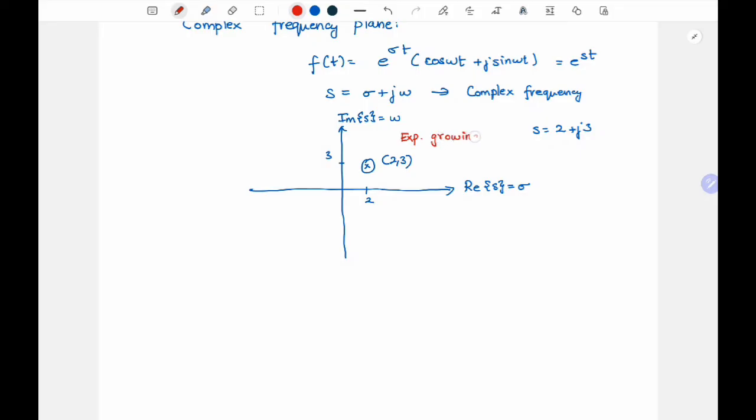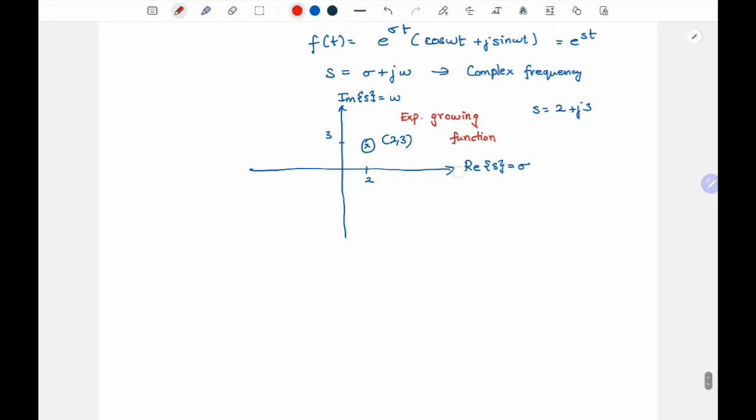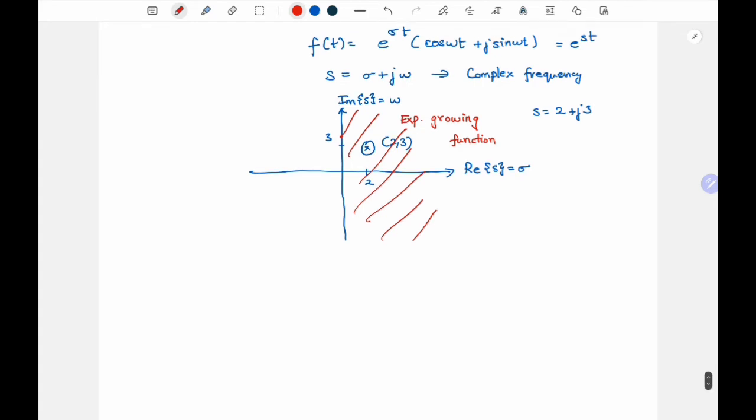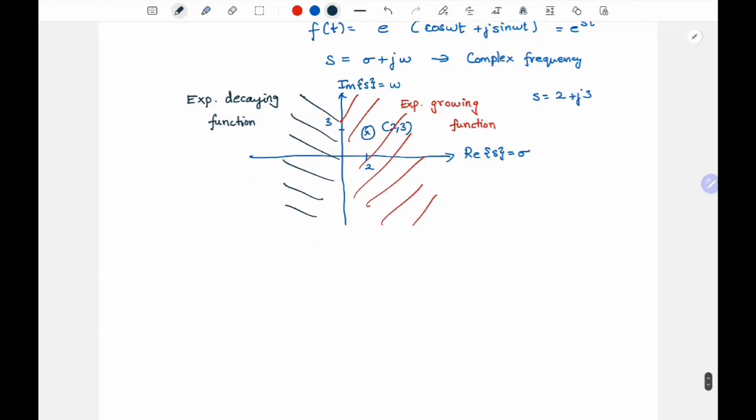So whatever is in this part will be an exponentially growing function, and whatever is in this part will be an exponentially decaying function. Correct? This is called the left half plane, and this is called the right half plane.